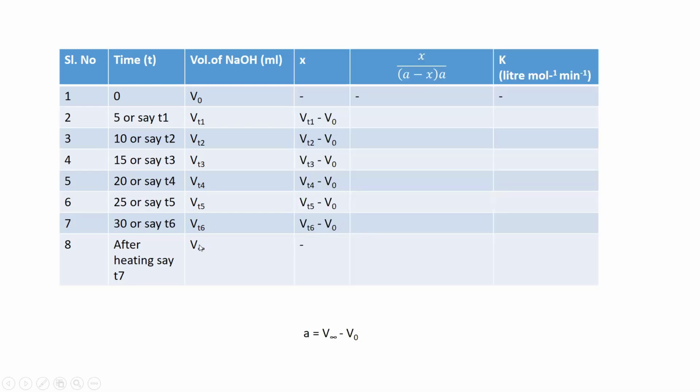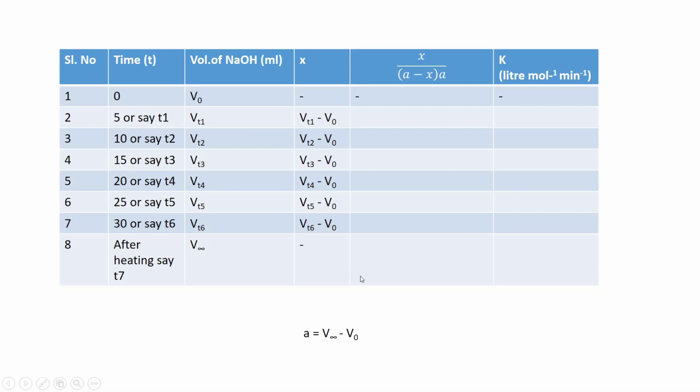Now, the next three columns in your tabular column: the fourth one is X. You get the X by computing. For the first entry, there won't be any value. From the second onwards, it is Vt minus V0, so like that you will get all the way from Vt1 to Vt6. And A is your V infinity value minus the V0 value.